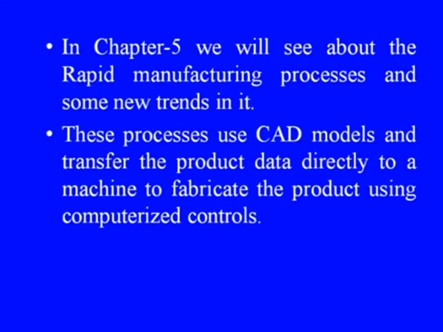Similarly, in module 5, we will see a few rapid manufacturing processes which represent a class of modern manufacturing techniques. So, that helps us to produce a product right from the CAD terminal itself.